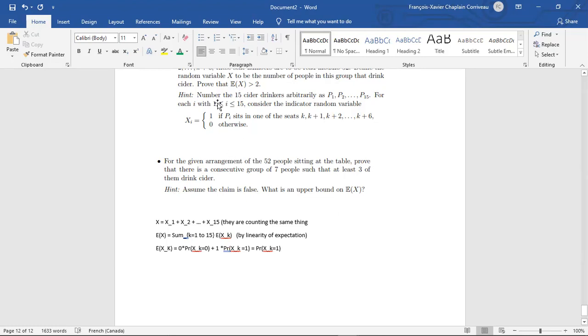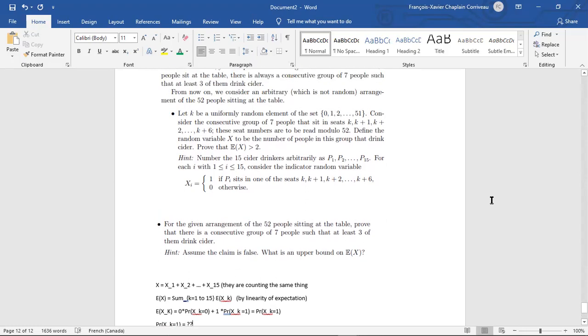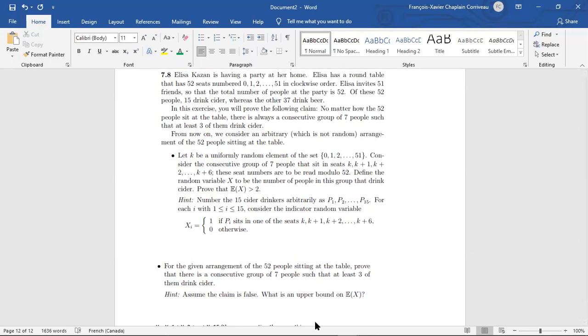Now, what is the probability that xk is equal to 1? What is the probability that Pi sits in K?